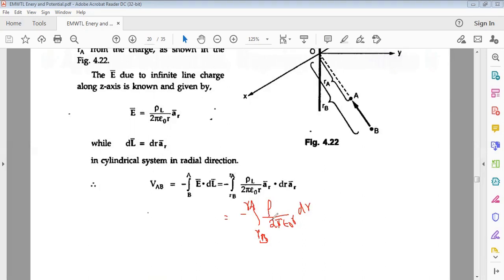Got it, participants? Rho L by 2 pi epsilon naught is a constant, and 1 by R is there.